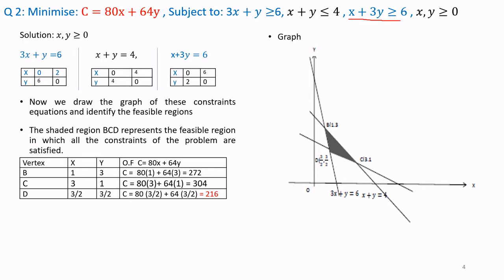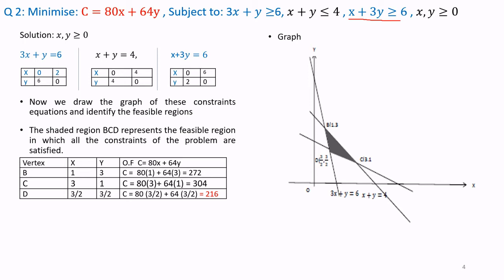If you have drawn the graph correctly, you will get the correct values. Therefore, B is (1, 3), for which the given objective function is C is equal to 80x plus 64y.